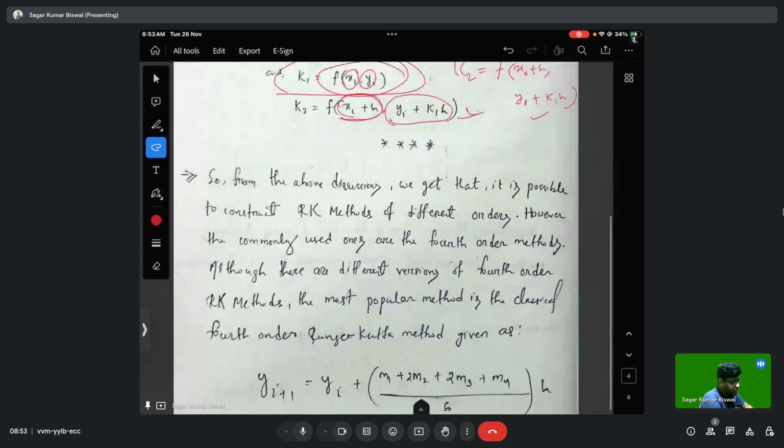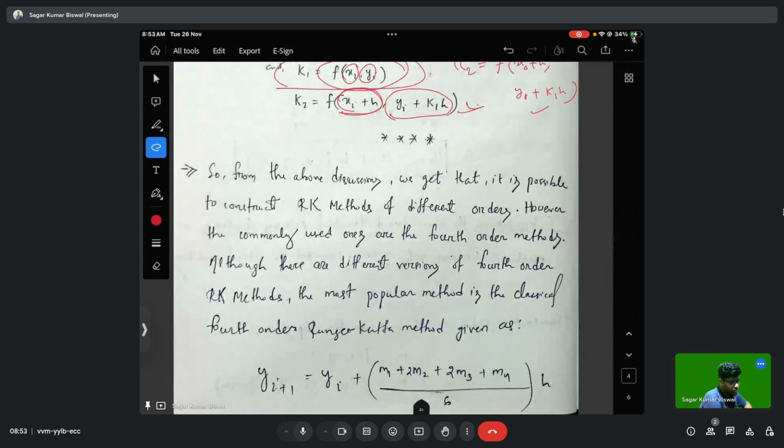So far in the above discussion, we get that it is possible to construct RK methods of different orders. However, the commonly used ones are the fourth order methods. Right? Although there are different versions of fourth order RK methods, the most popular one is the classical fourth order Runge-Kutta method as given below.